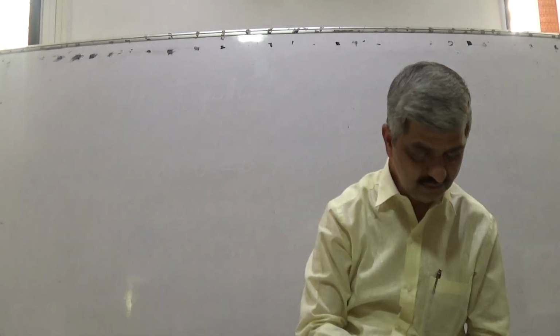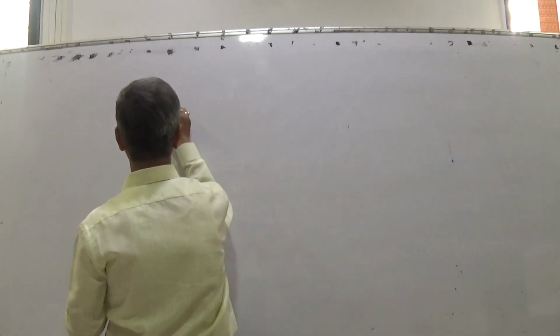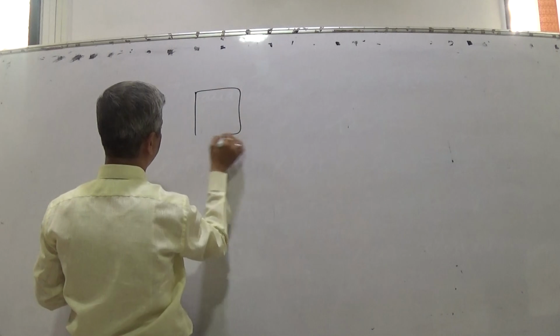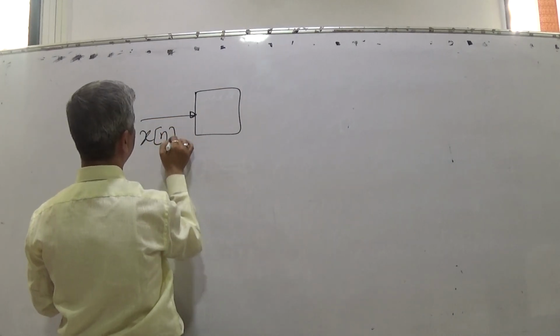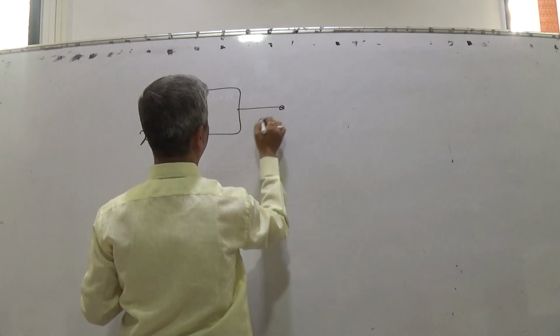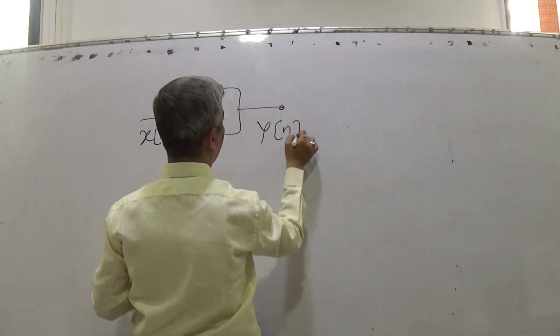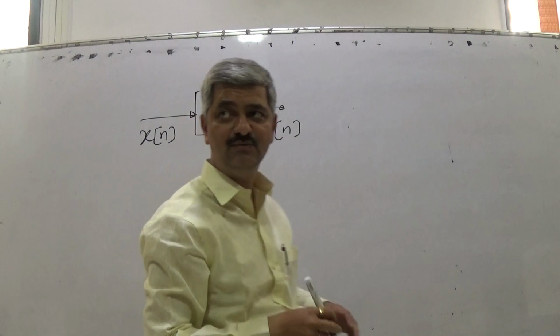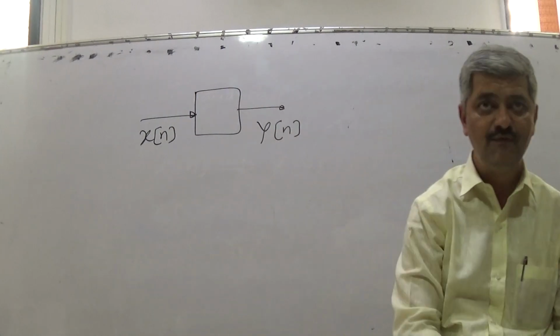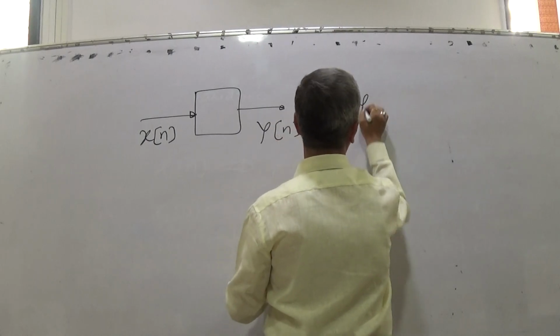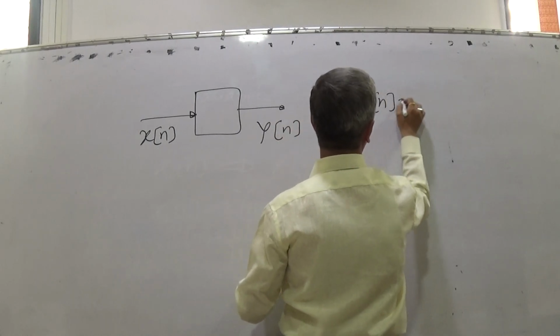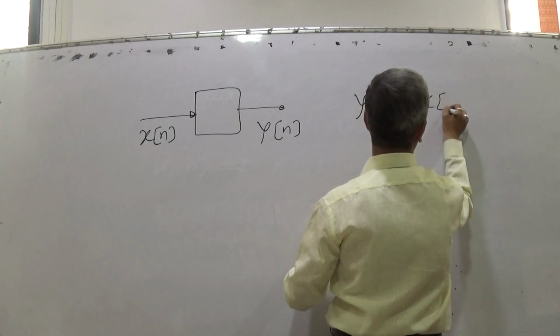We have x[n], a system where I apply input x[n] and I obtain output y[n], and the system equation is y[n] equal to x[2n].